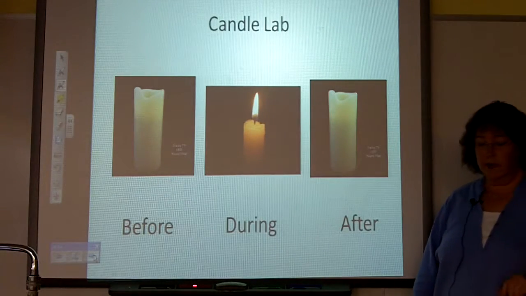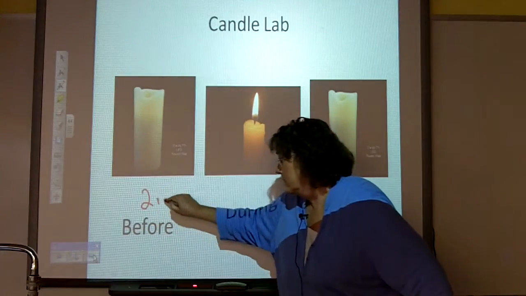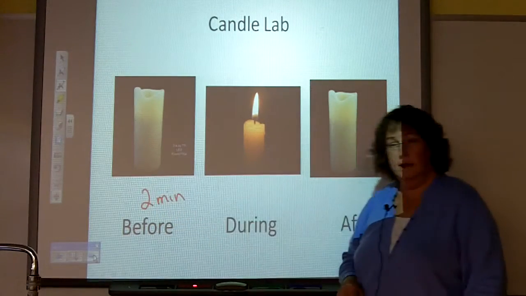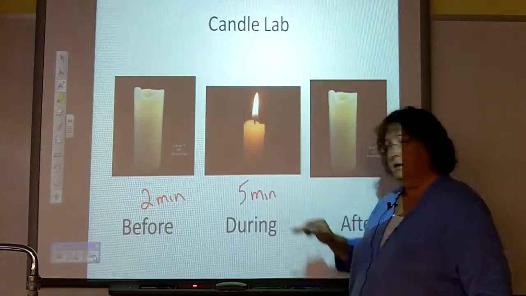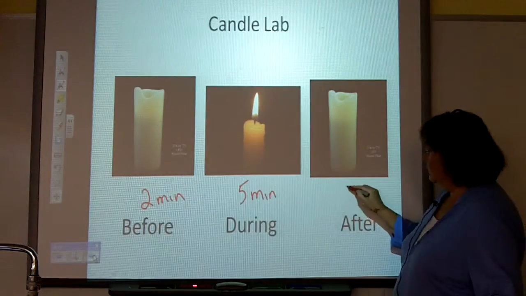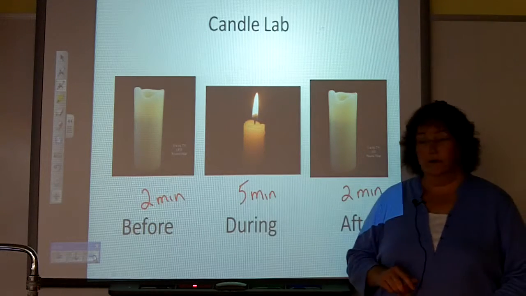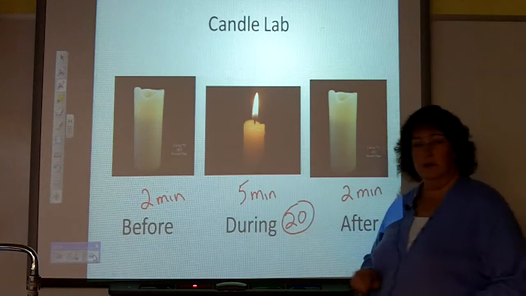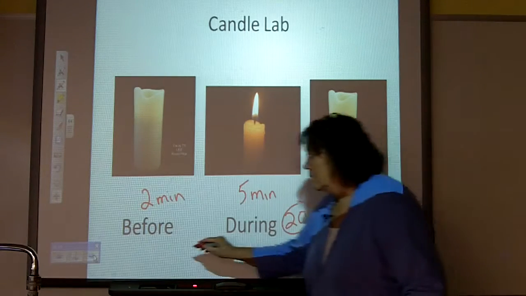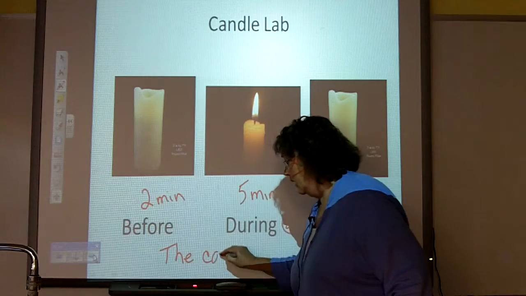Right, so once again, what do you have to do? Make 2 minutes of observations before lighting. Once it's lit, 5 minutes of observations after you blow it out. 2 more minutes. You have to have 20 observations total. Let's do one example. Here's an observation.